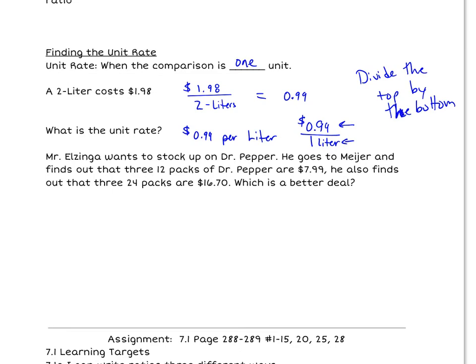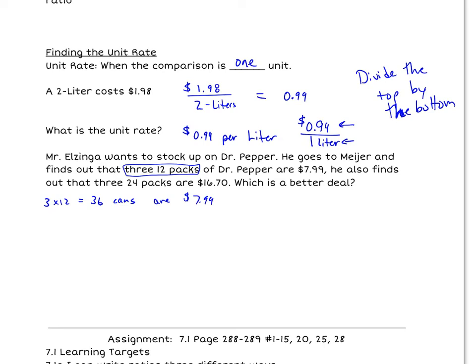This is very helpful if you go to the store ever, buy anything ever, and you want to compare things. So for example, I like Dr. Pepper. So Mr. Gelsinga wants to stock up on Dr. Pepper. He goes to Meijer and finds out that 3 12-packs, so that would be 3 times 12, gives me 36 cans of Dr. Pepper, are $7.99.